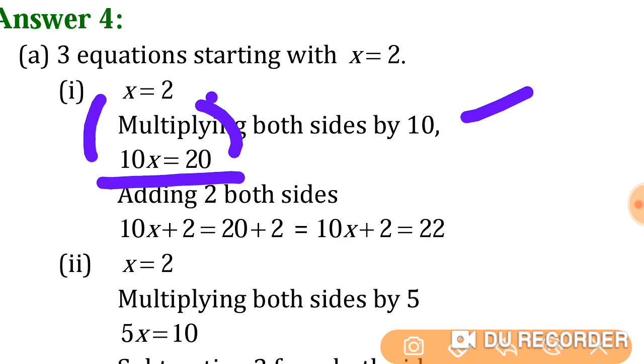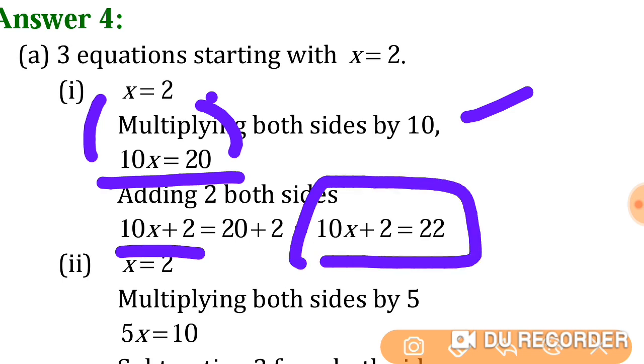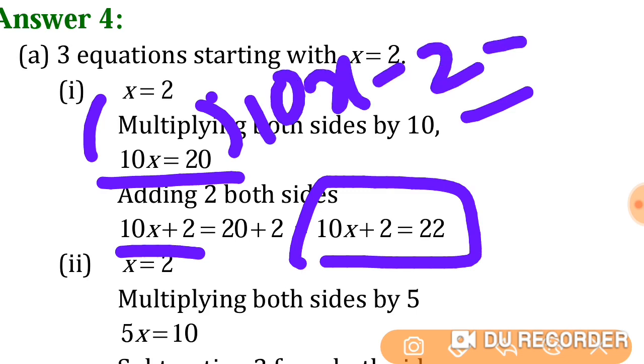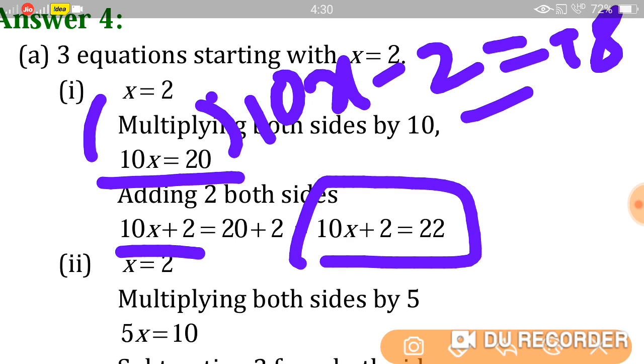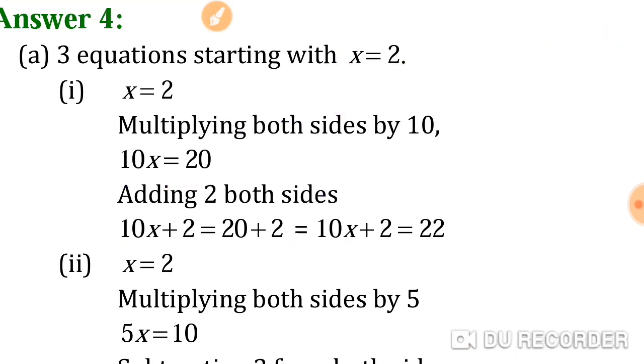One more step, I may add or subtract to both the sides. If you add 2, both the sides, 10x plus 2, 20 plus 2 is 22. So the equation is 10x plus 2 is equal to 22. If you want to subtract, it becomes 10x minus 2 is equal to 20 minus 2 is 18. Like this the equation comes. This is how you have to do it.